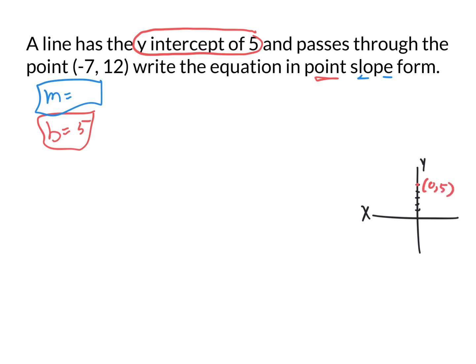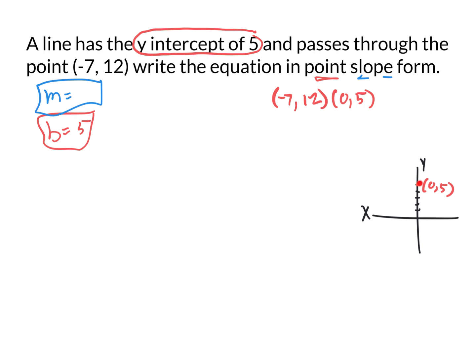So what are they giving us? What information do they give us? They're actually giving us 2 points. They're giving us the point 0, 5, and the first point that they gave us was -7, 12. Okay, so imagine -7, 12. It's up here somewhere. So from left to right, this is your first point.